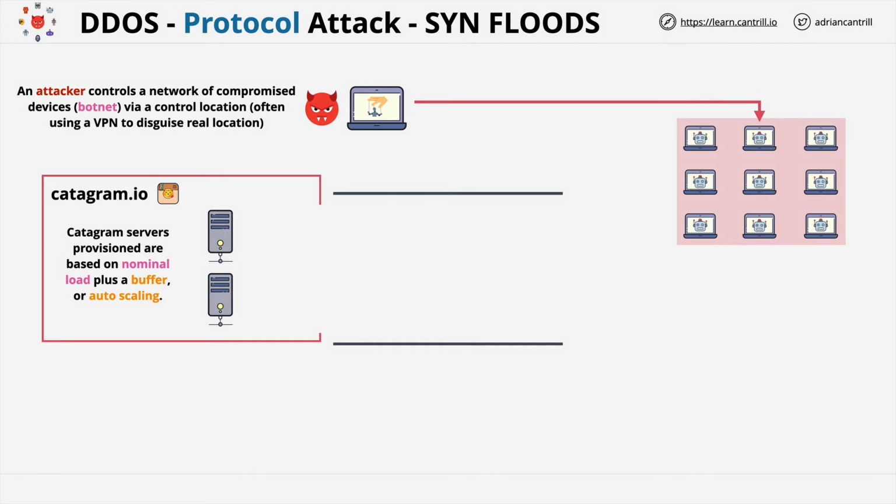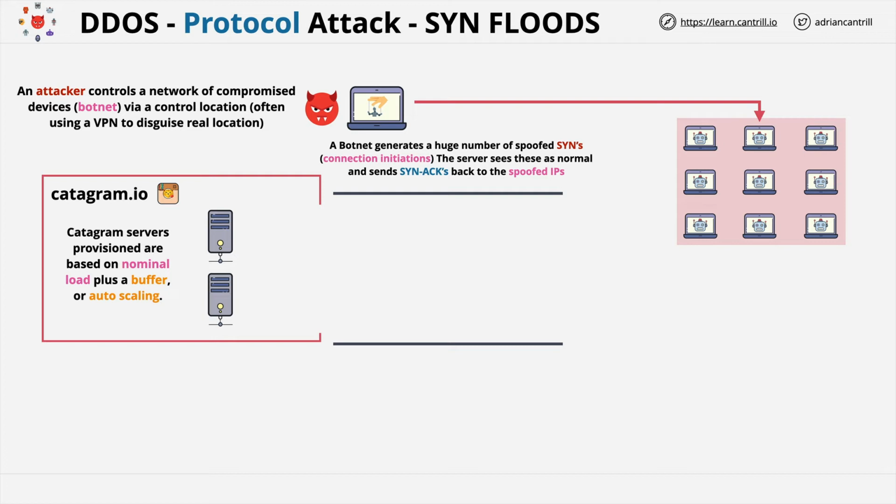So with a protocol-based attack, we follow the same basic architecture where a single or a small group of attackers is controlling a large botnet, and this botnet is constructed of compromised hosts. Now with a protocol attack such as a SYN flood, essentially what happens is a botnet generates a huge number of spoofed SYNs, and SYNs are the initial part of this three-way connection handshake.